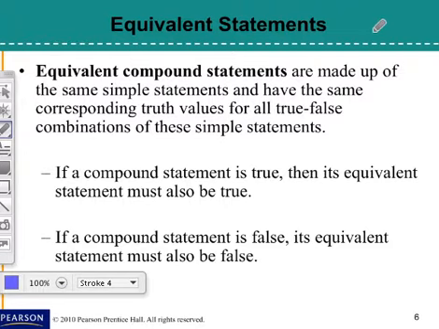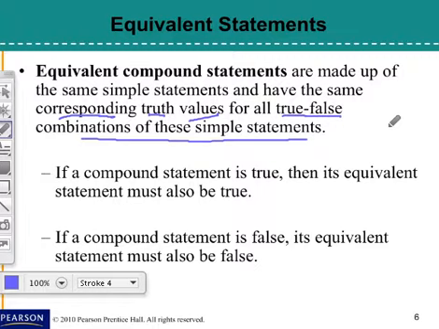Now, when we talk about equivalent statements, the bottom line is we are looking for compound statements that use the same P's and Q's, and they have the same corresponding truth values for all true-false combinations of the simple statements.